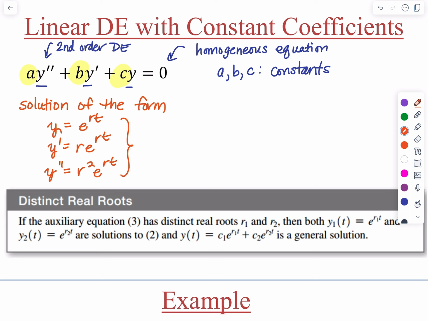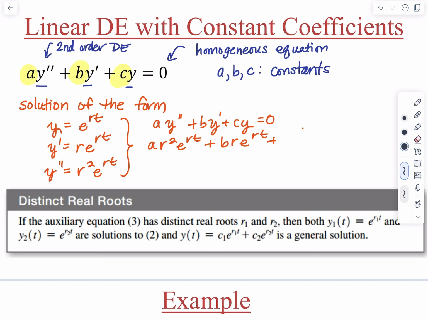So let's go ahead and substitute these into our given DE. I'll go ahead and rewrite this. So we have a r squared e to the rt, plus b r e to the rt, plus c e to the rt is equal to 0.